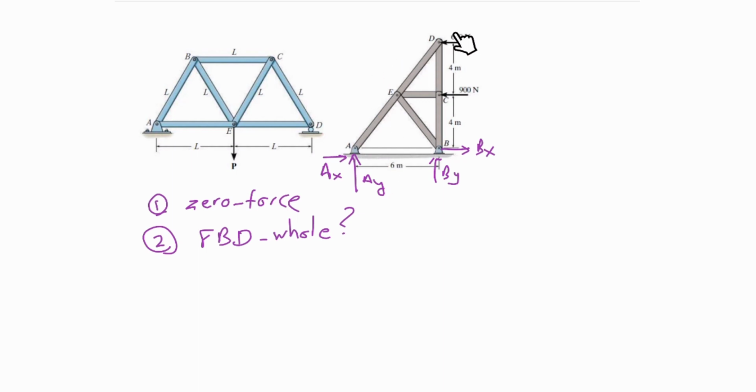And this is not working, meaning that if you write down the equations for the whole system, you would have three equations, and three equations is not enough for finding four unknowns. And you are asked to find the internal forces. Here you don't need to do this, meaning that we don't need to do free body diagram of the whole system.